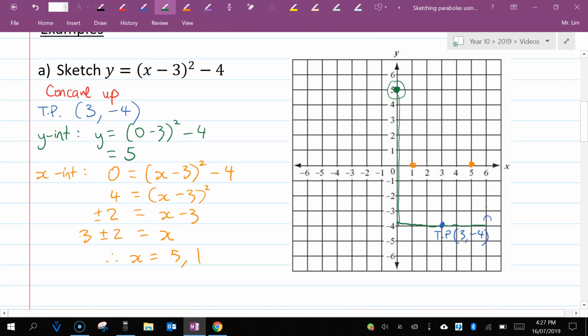Go right 3 and go all the way up to 5 and put our dot there. And with that, we have enough information to draw our parabola. And I like to label it y equals (x minus 3) squared minus 4.